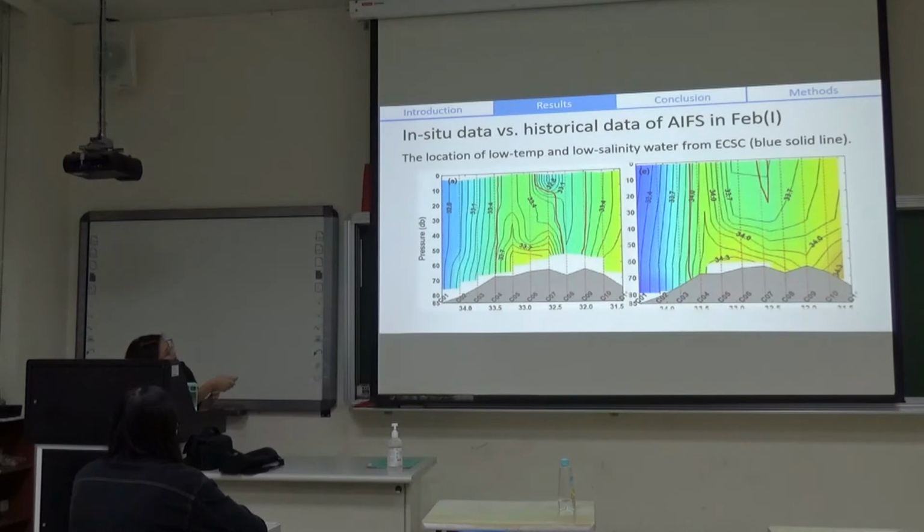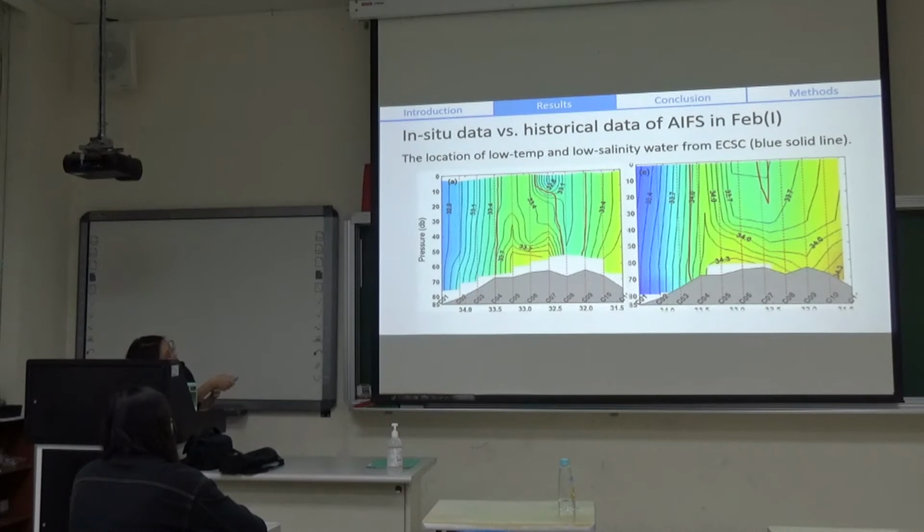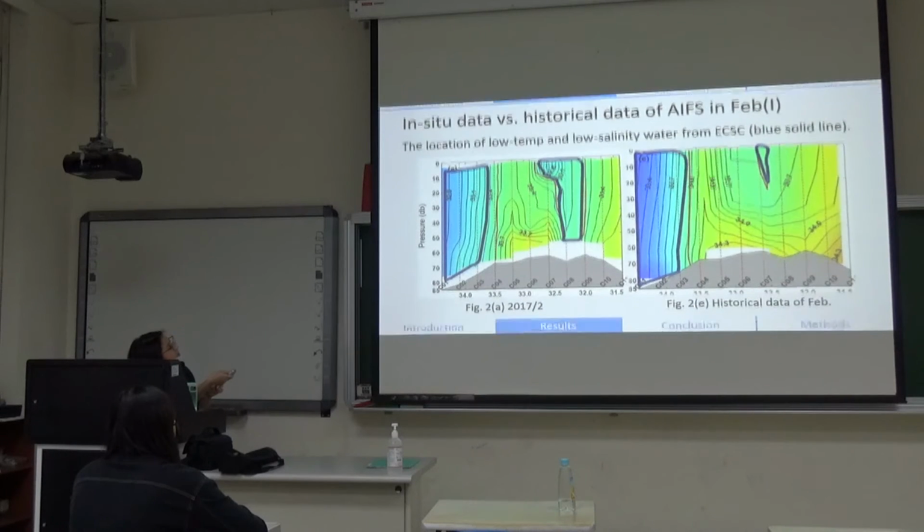The left panel is the in-situ data observed in February, and the right is historical data of February during the past 58 years. And the low temperature and low salinity water from the East China Sea is located here.